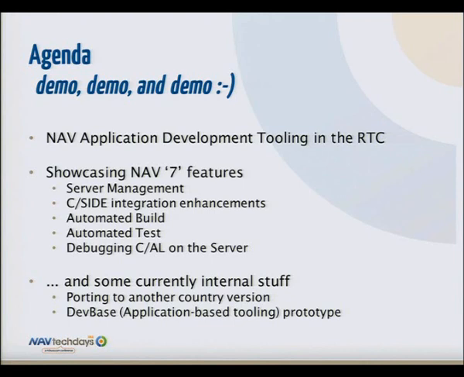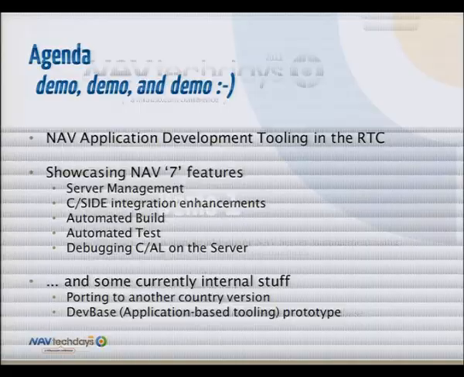We'll also be testing the code that's in this application that we built, and we'll also be utilizing the new debugger, which was also shown in the keynote. Yes, and then we'll also show this internal stuff for you.